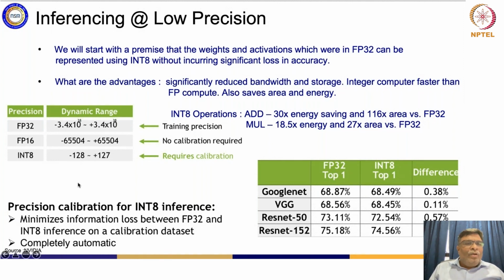And when you convert the FP32 to int8, you basically have to work with a dynamic range of minus 128 to plus 127. So you would have trained your model with FP32 thinking that you have got this much precision, this much accuracy, right?